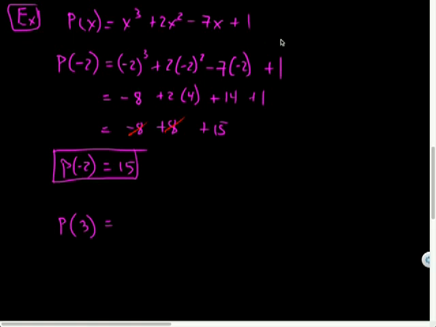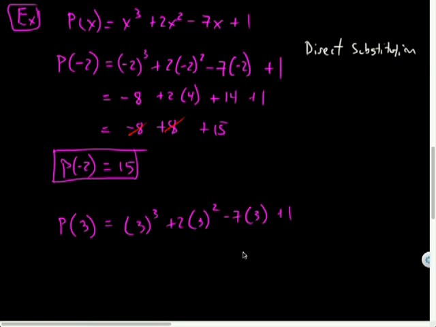This is direct substitution, where I directly replaced or substituted all of the x's with a negative 2. Let's do this using direct substitution and then see if we could figure out what we would do if we wanted to find our own shortcut. And see if we can prove our hypothesis.